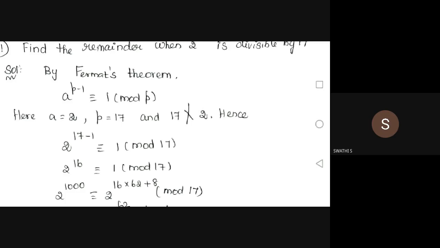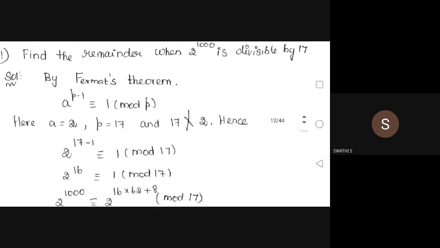So 2 power 16 into 62 plus 8. You know the basic rule of algebra, a power m plus n means a power m into a power n. So 2 power 16 into 62, times 2 power 8, can be written.